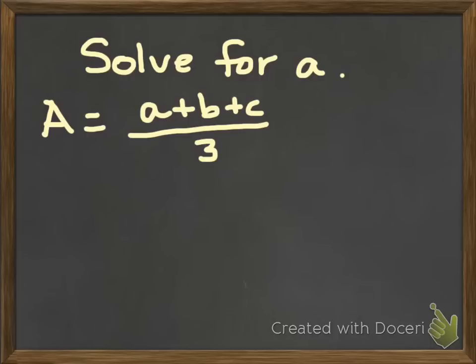So we need to do fraction busting. So we need to get rid of the 3 that's in the denominator, and we do that by multiplying both sides by 3.